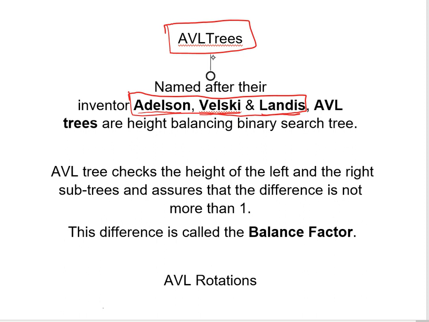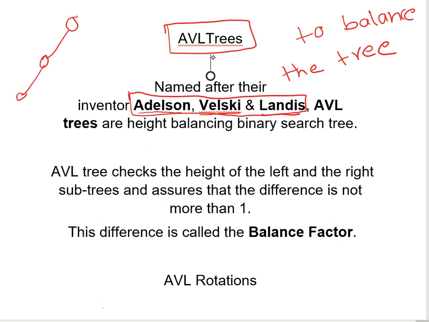Why we need to go for AVL trees means to balance the tree. We have seen the trees and the binary trees, right? We may get a tree like this.